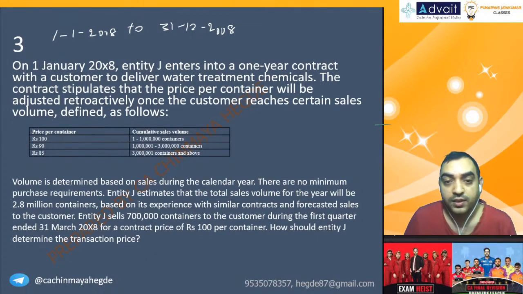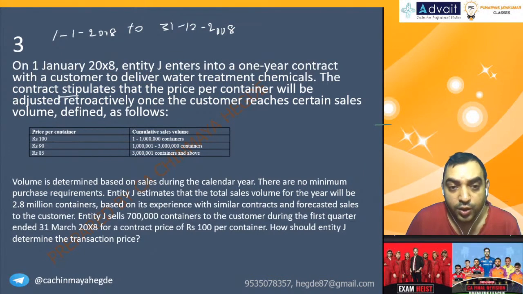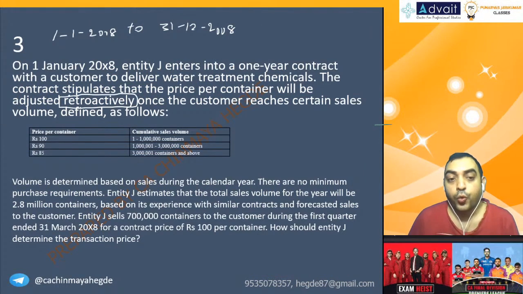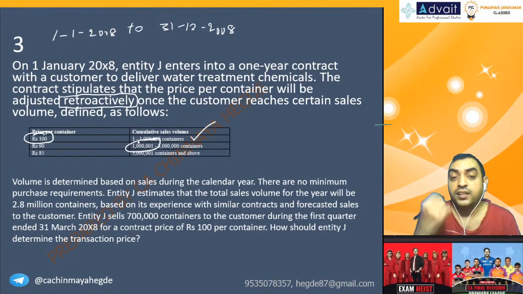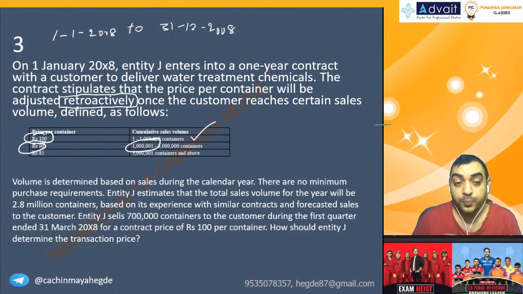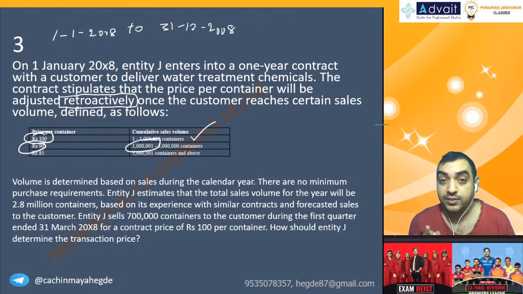Oh, interesting word: adjusted retrospectively. What do you mean by retrospectively? If you purchase 1 to 1 million, your purchase price is 100 rupees. If you purchase more than 1 million, let's say 2 million, then your price will be 90 rupees. For what units?